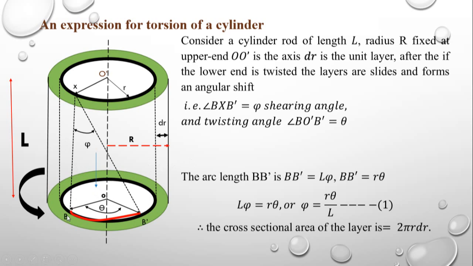Upon twisting, the point B shifts to B dash.